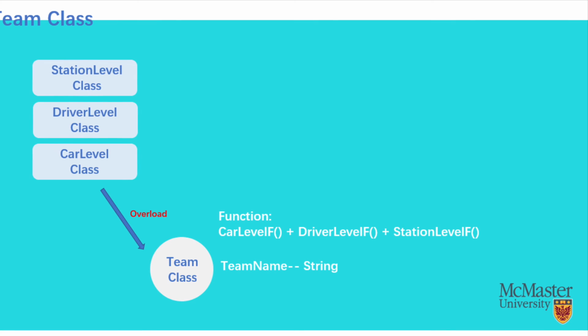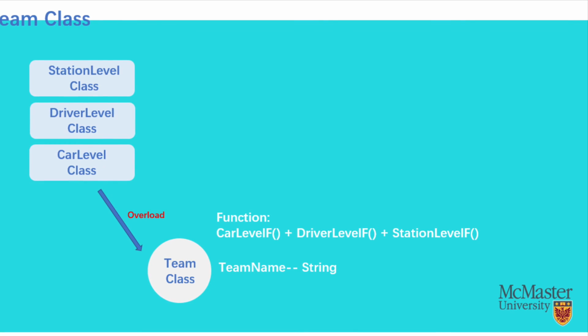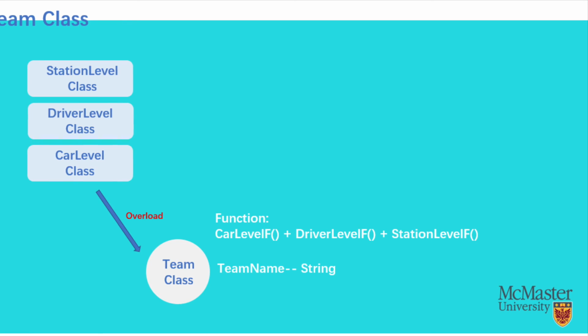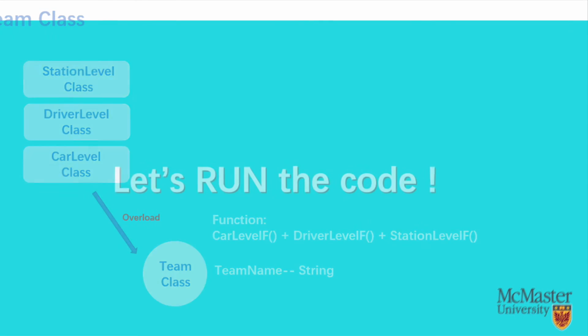With simple calculation in the class, the combos with different car, different driver, and different stations will become the result as the output. The combos will be provided to the user, and with the selection made by users, the best combo of the racing team will be shown.